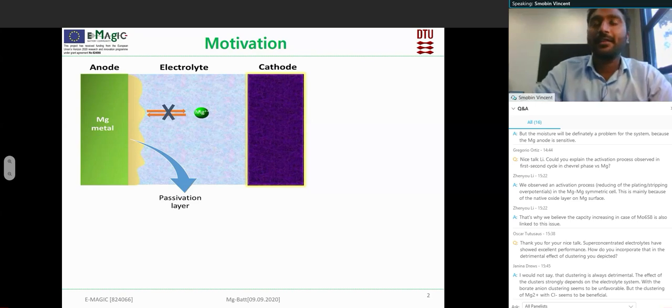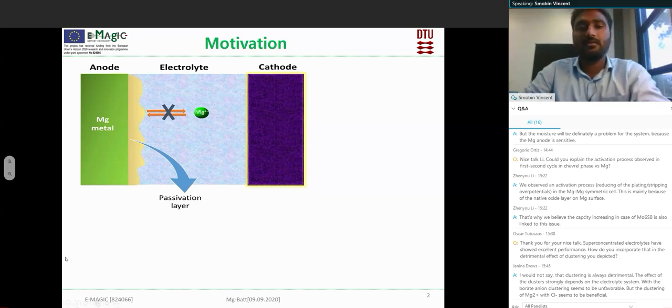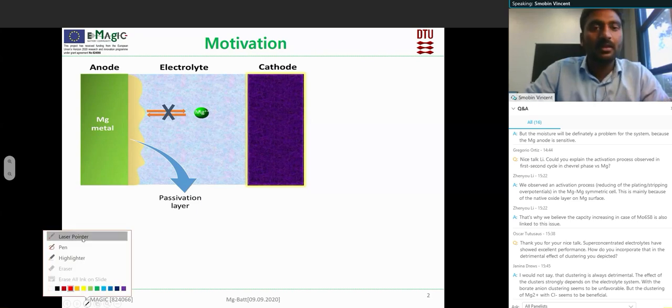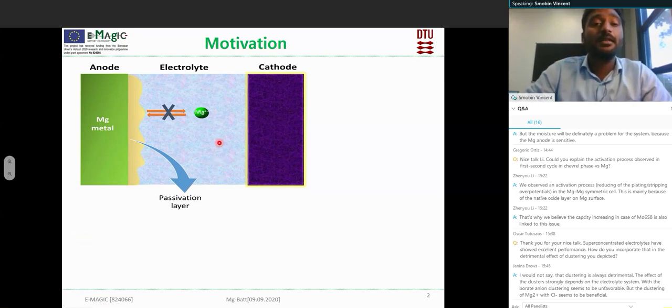And the motivation: the formation of the passivation layer is one of the well-known problems in magnesium batteries. When the magnesium metal anode comes in contact with a conventional electrolyte, it always forms a passivation layer, which is impermeable to the magnesium ions.